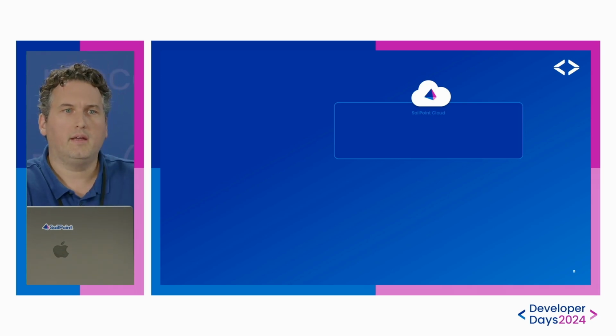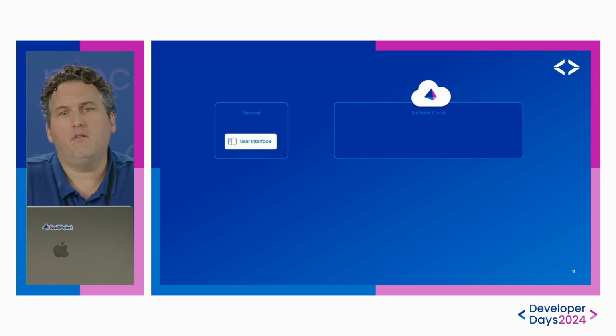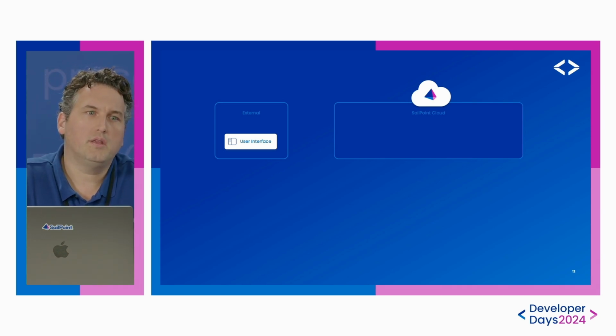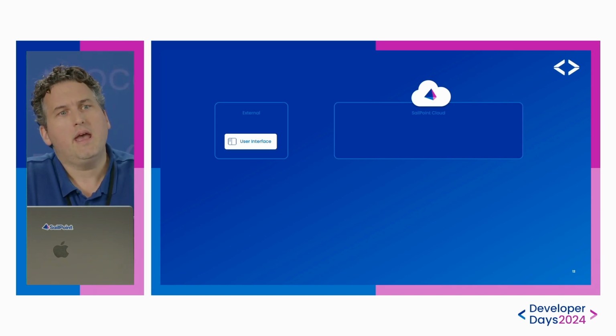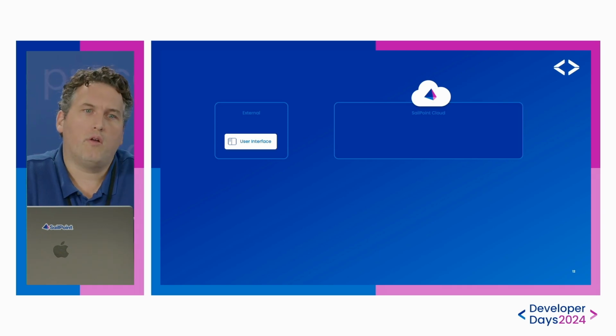And so first and foremost, we have our Identity Security Cloud platform, right? This is where predominantly a lot of the components are going to run, except for the things that we're building today. Outside of that Identity Security Cloud is our example application. This is the thing that we're going to be building. And so you can choose where you would want to run this.